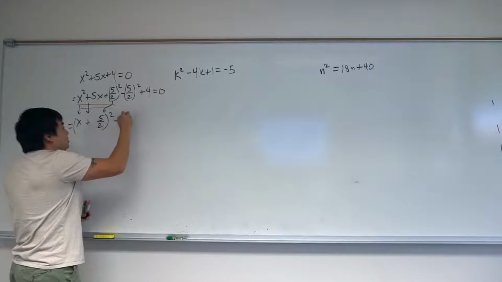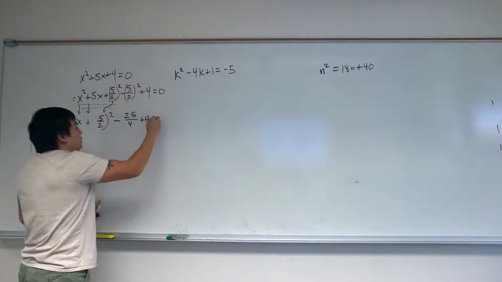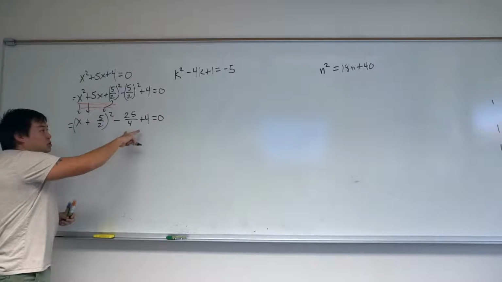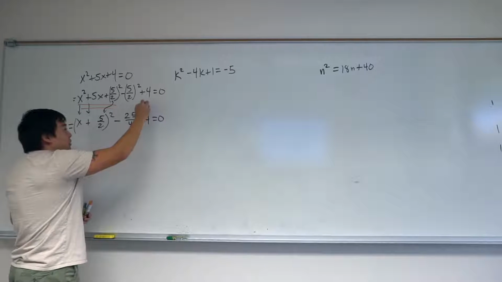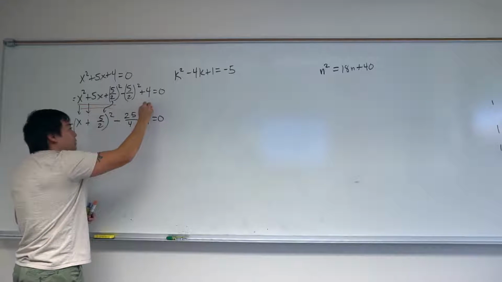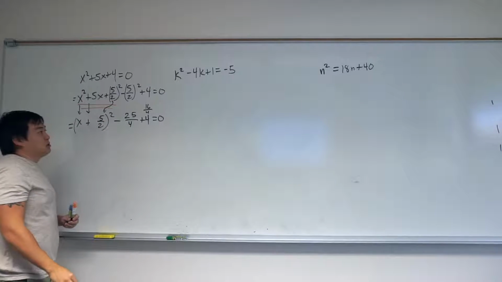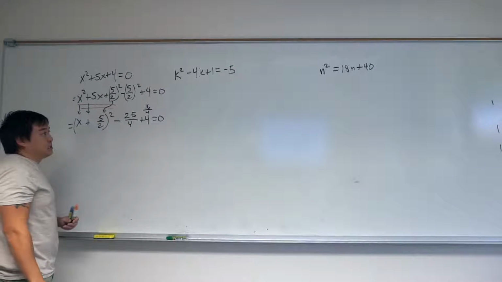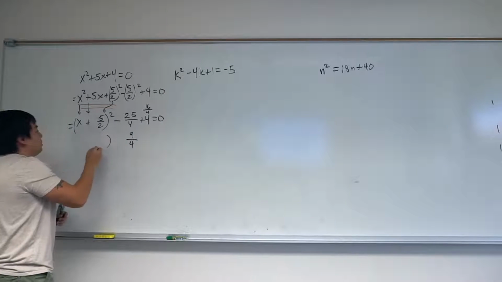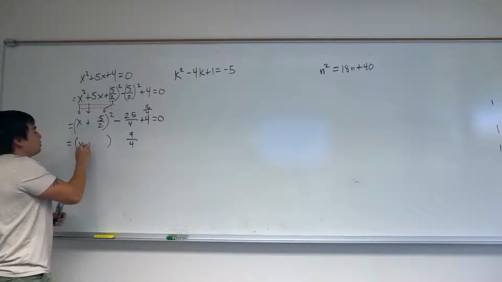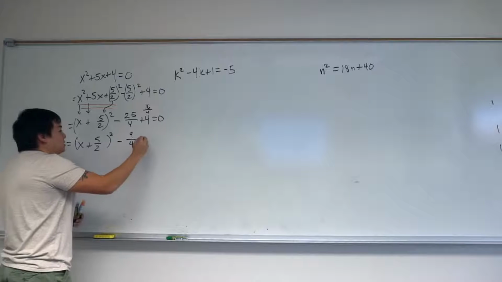This is going to be minus 25 over 4 plus 4 is equal to 0. So find the LCD here, which is going to be 16. So the top is going to be 16 over 4. And if I add negative 25 plus the 16, you're going to get negative 9 over 4. The rest is going to stay the same, and since this was bigger, it's going to be minus.